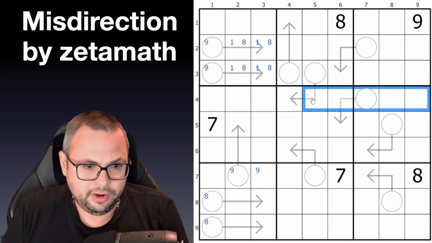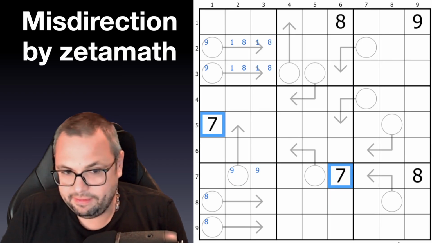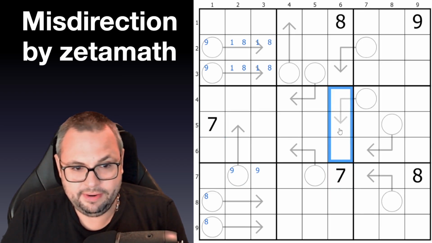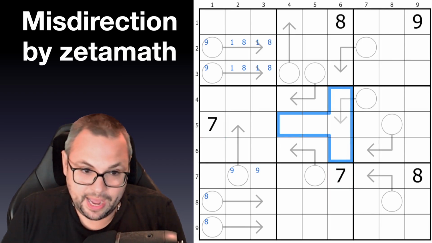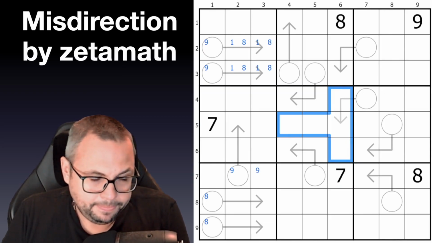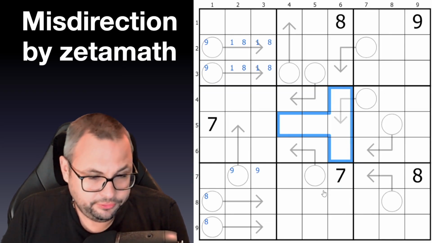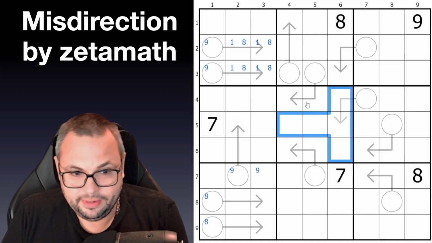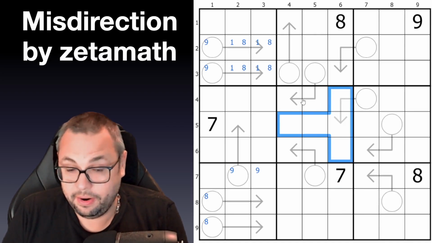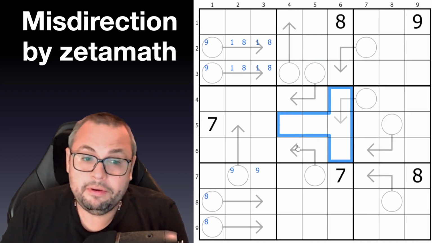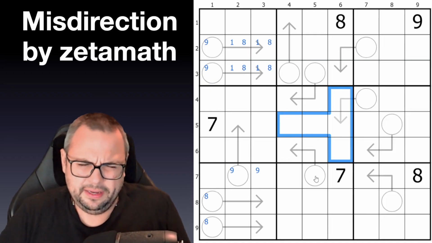Okay. Let's look at what's happening with 7s, because I have these two given 7s, and they conveniently look into box 5. And actually, no matter what, the 7 in this box has to go on an arrow. And the sum of that arrow, what's it going to be?